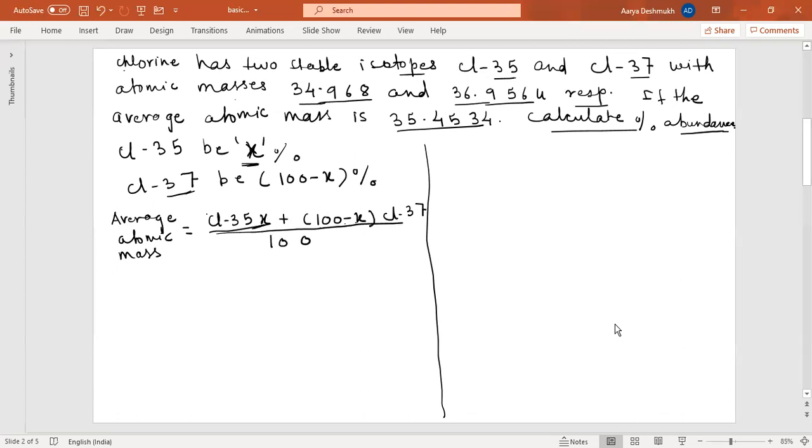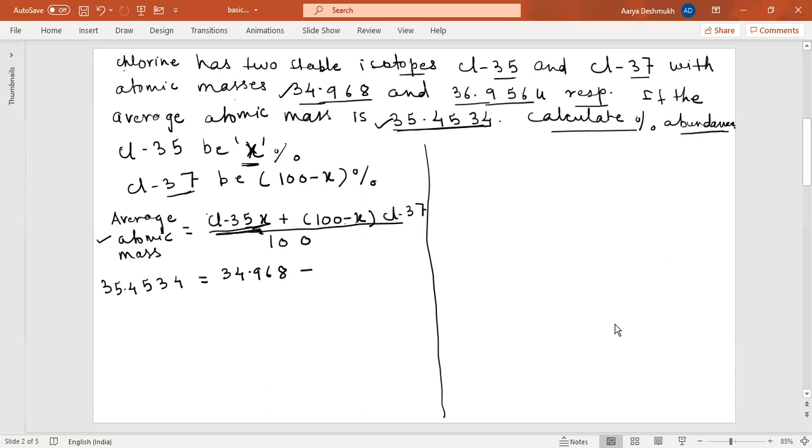Now you can solve it like this. That is 35 point. What is the atomic mass for Cl35? Now we are given one more piece of information here. The average atomic mass is also given, 35.4534. So we just substitute the value here, 35.4534. Okay, equals to, now substitute the value for this also. This is given as 34.968 here, this value.